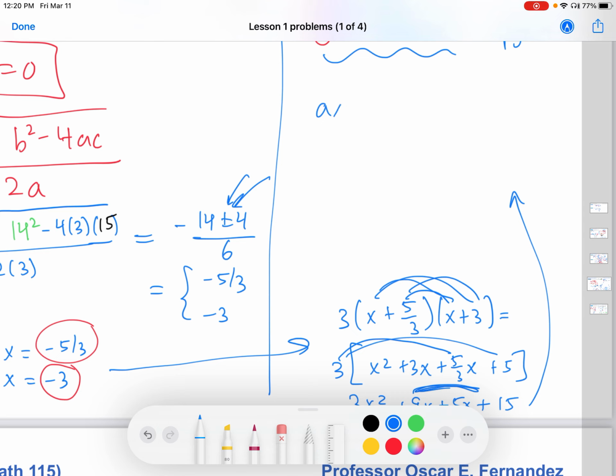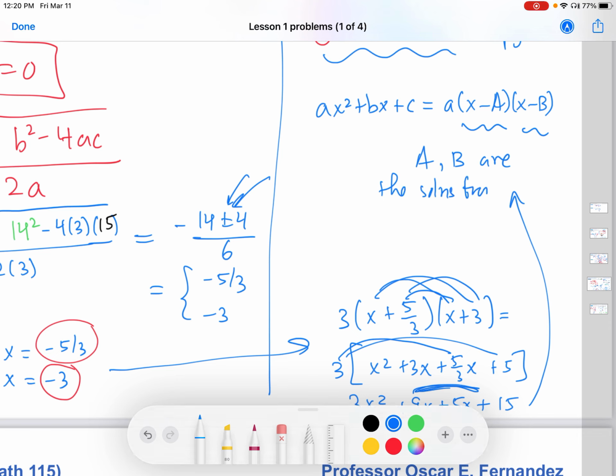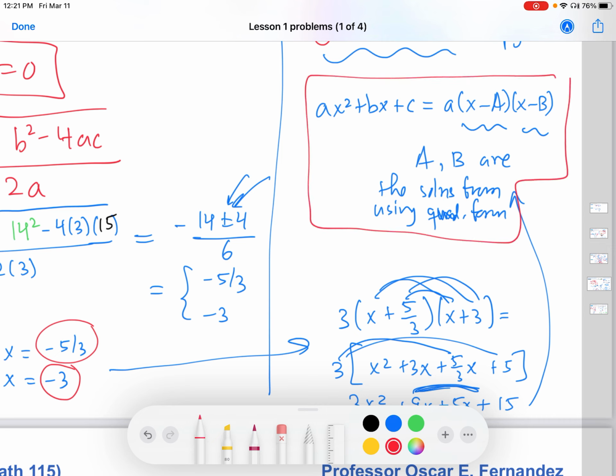So if you are trying to factor ax squared plus bx plus c, that is equal to a times x minus capital A times x minus capital B, where capital A and capital B are the solutions from using the quadratic formula. Okay? So this is another nice factoring technique.